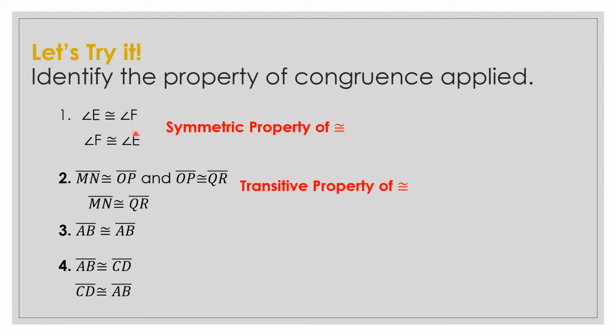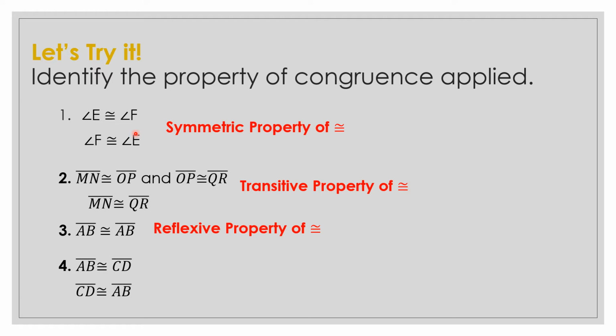Very good, the transitive property of congruence. How about number 3? Segment AB is congruent to segment AB. Good job, it's the reflexive property of congruence. Okay, it's congruent to itself.